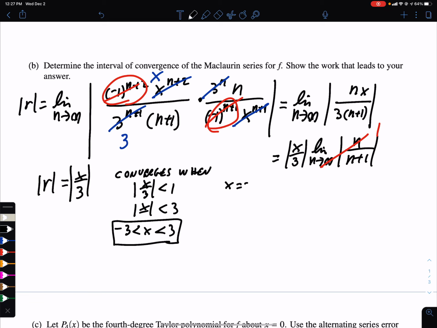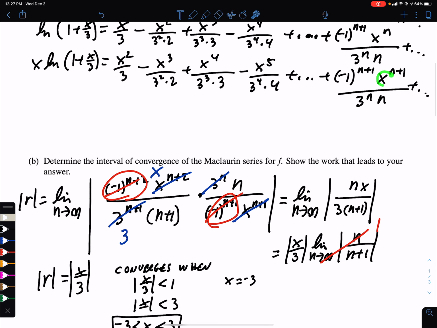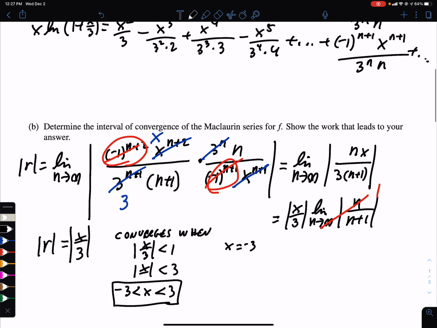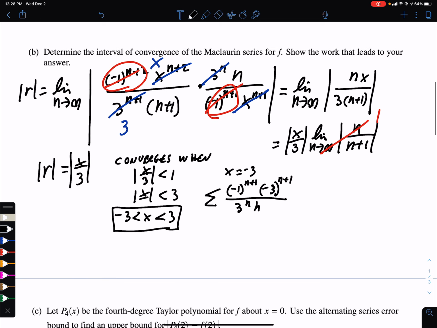So what happens when x equals -3? I'm going to put a -3 right there. That's going to get me -1 to the n plus 1, -3 to the n plus 1 over 3 to the n. Now what's nice about this, these have the same exponent, so I can combine them together.